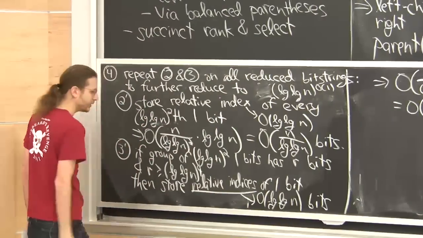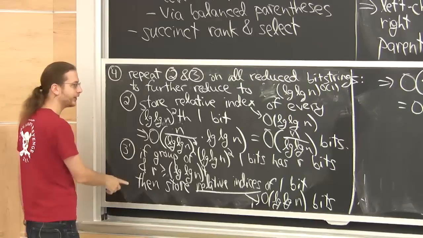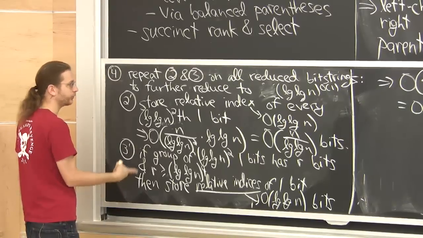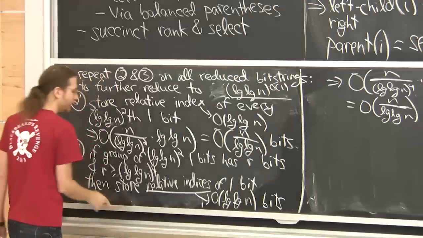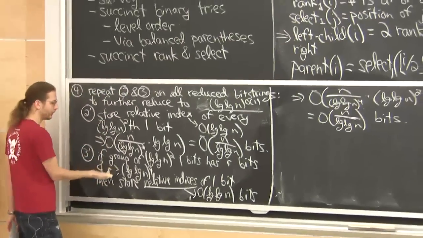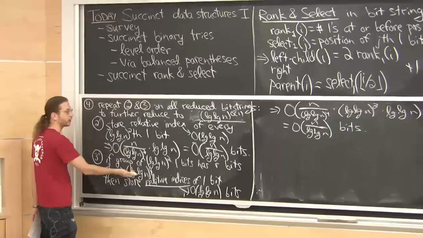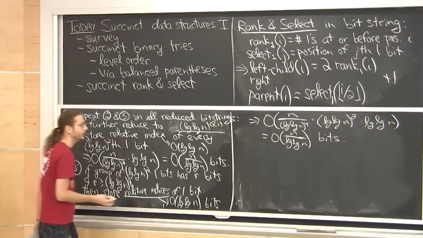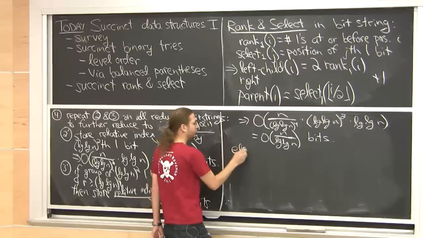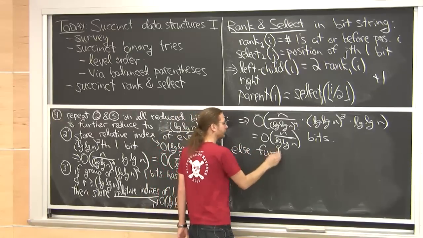Okay. That was the if case. There's the else case, which is that you have reduced to polylog log size. Namely, then in the dense case, you have r is at most (log log n)^4. So at this point, else you are further reduced.